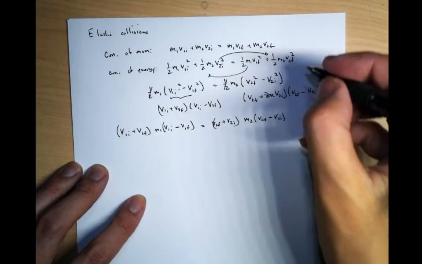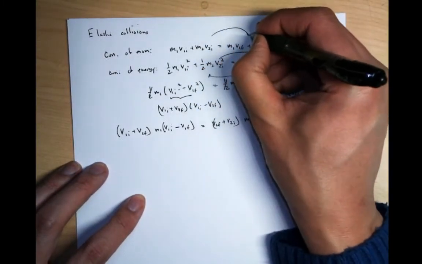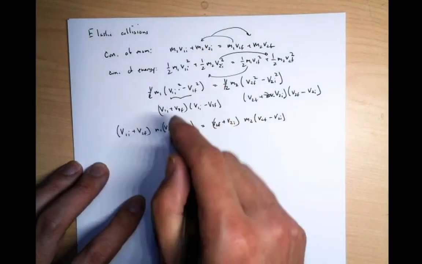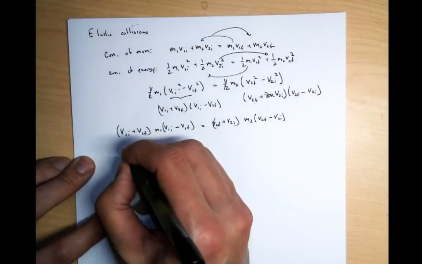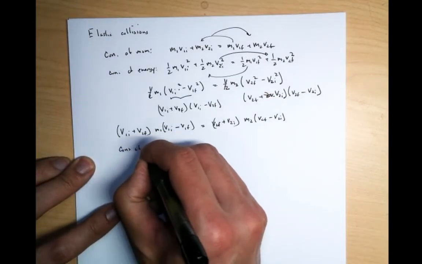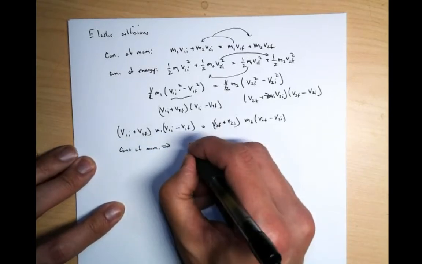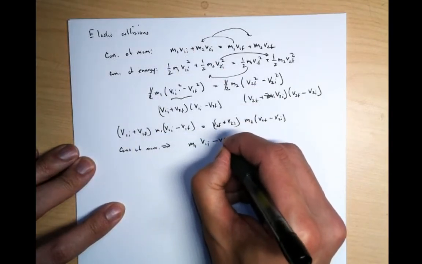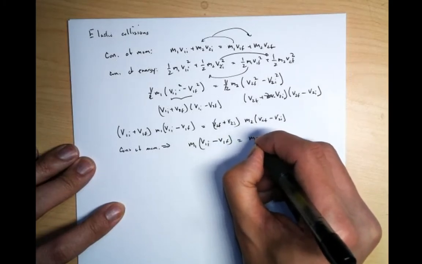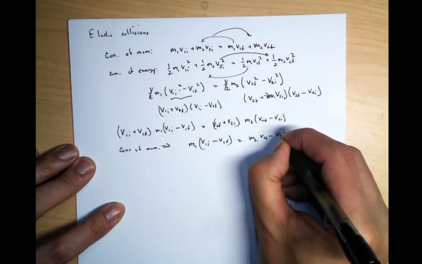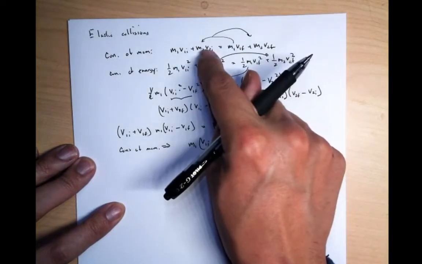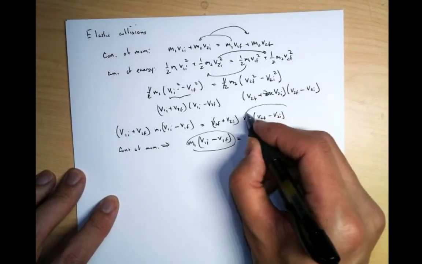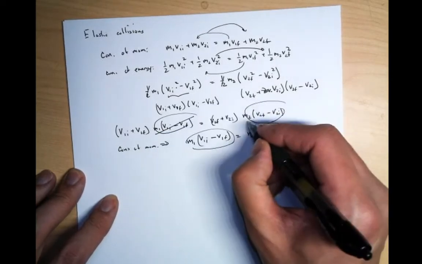Now, if I switch this to this side and this to this side, that will give this condition, right? So this one, conservation of momentum, implies that m1 (v1i minus v1f) is equal to m2 (v2f minus v2i). That just comes from looking at this equation and switching this around, which means that this thing here is equal to that thing there, so these can cancel each other out.